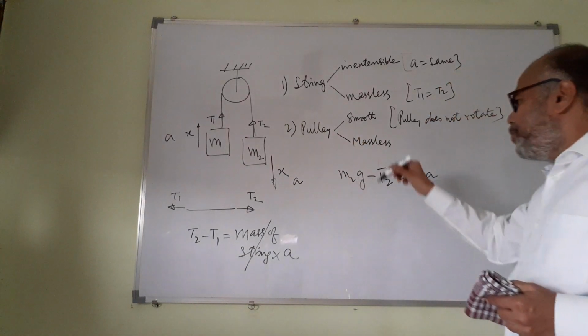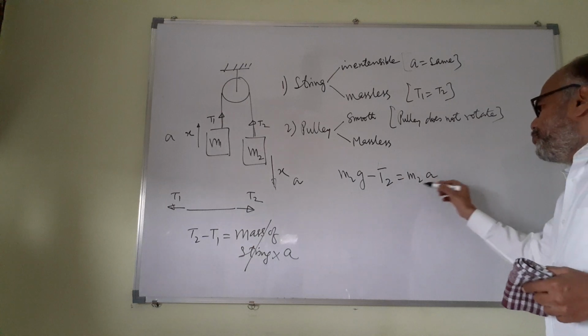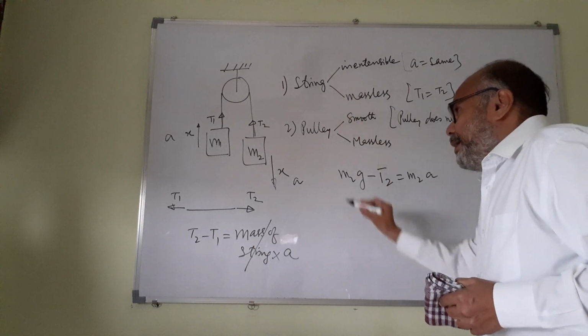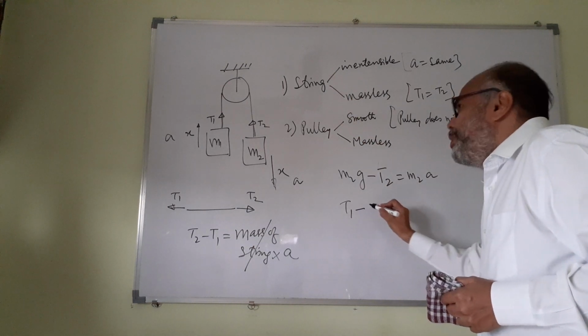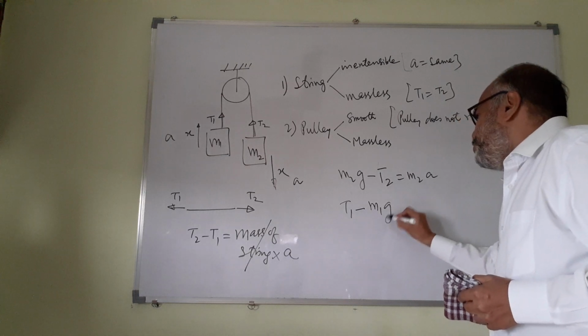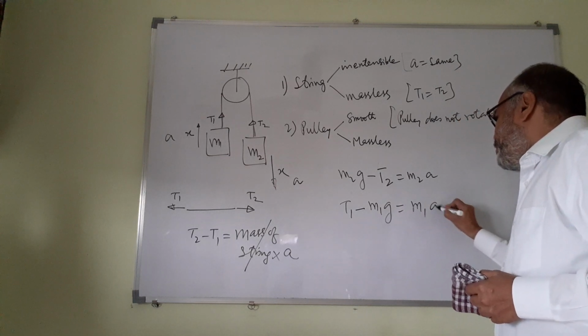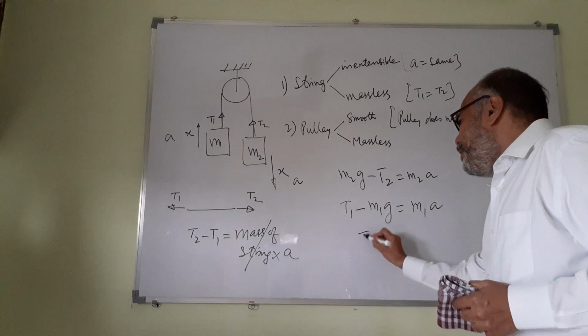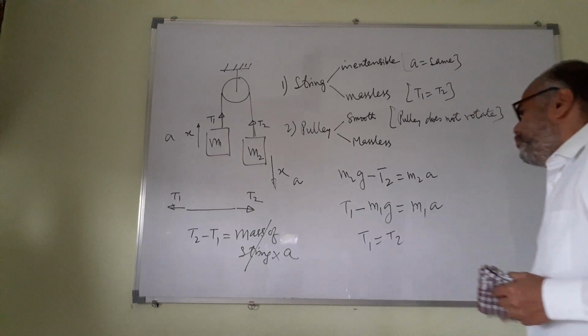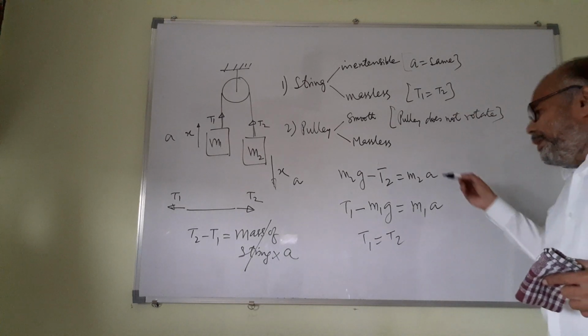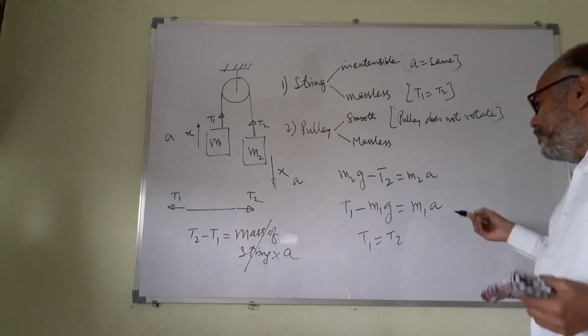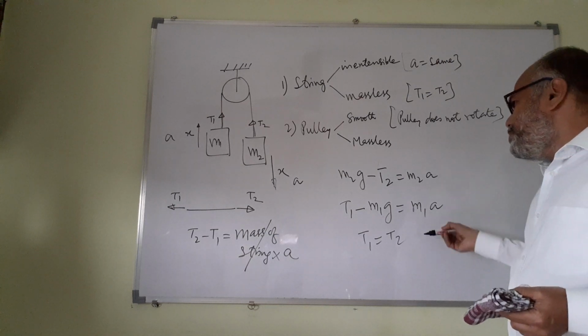For the other mass, T1 minus m1g is equal to m1a. And we also saw T1 equals T2. So there are three equations and three unknowns, and we can easily solve for them.